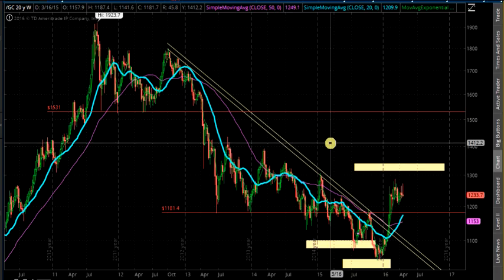Your exports are less expensive for buyers outside the United States, but then the imports that consumers have to buy are more expensive. So really, exports and imports are supposed to kind of cancel each other out.